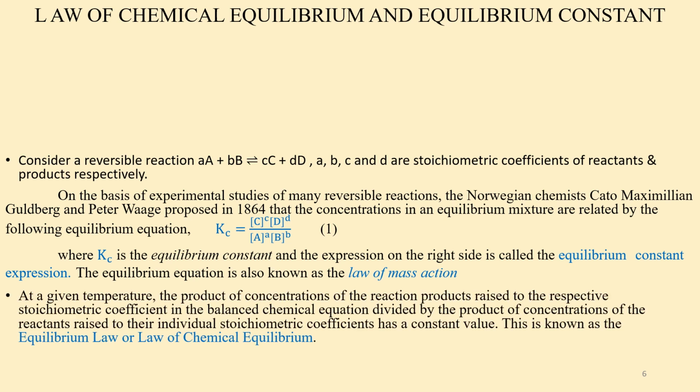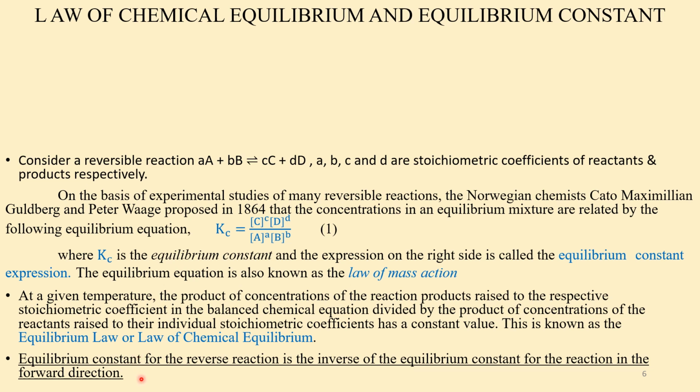At a given temperature, the product of concentrations of reaction products raised to the respective stoichiometric coefficients in the balanced chemical equation, divided by the product of concentrations of reactants raised to the respective stoichiometric coefficients, has a constant value Kc. This is known as the law of equilibrium or law of chemical equilibrium.